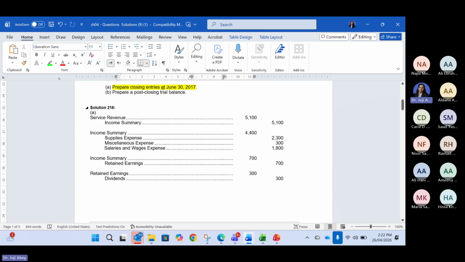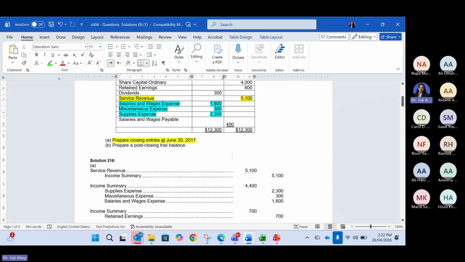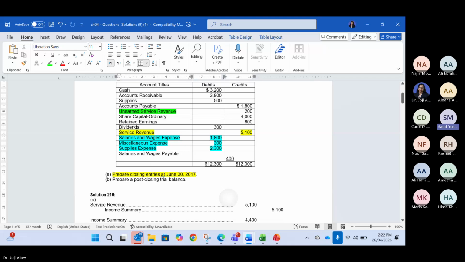Anyone else having any question? Now, this revenue minus your expense will be your earnings. So the next entry will be for your income summary to retained earnings. If you check here, there is no retained earnings given in the closing, but in the trial balance, the retained earnings is given as 800.